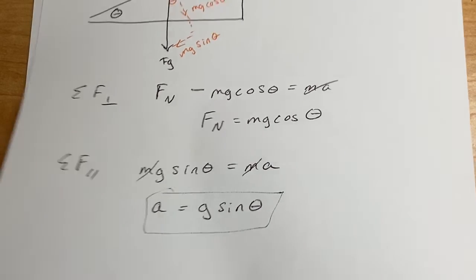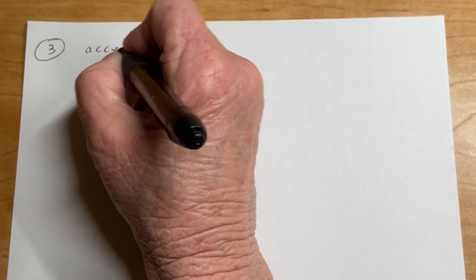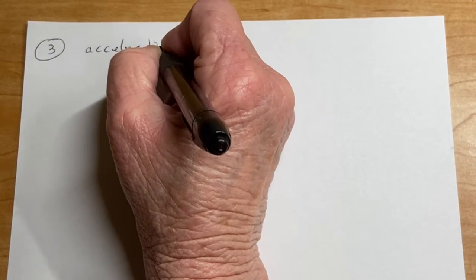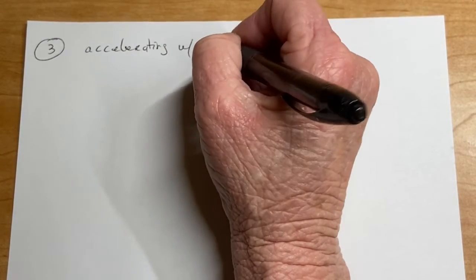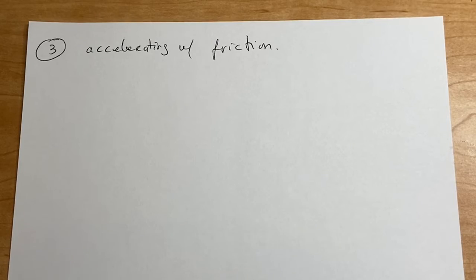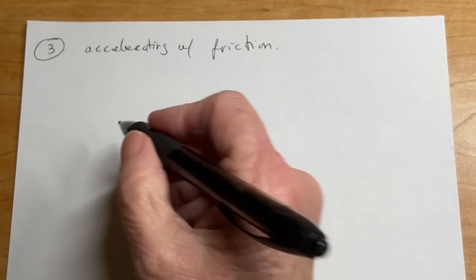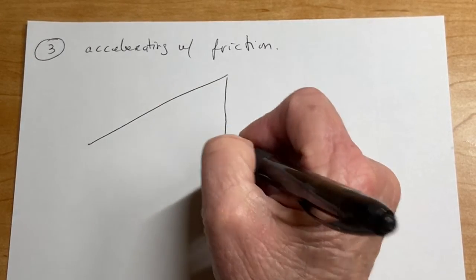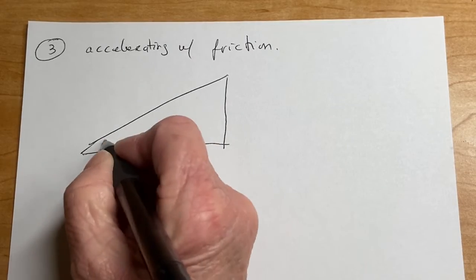All right, last situation. This would be number 3: accelerating with friction. This one's a little more complicated. Here's my incline, my ramp, and my theta.